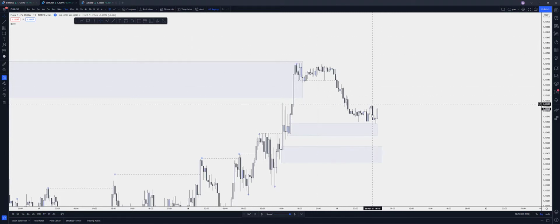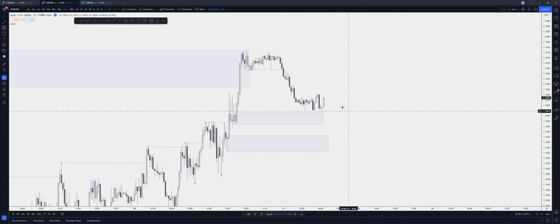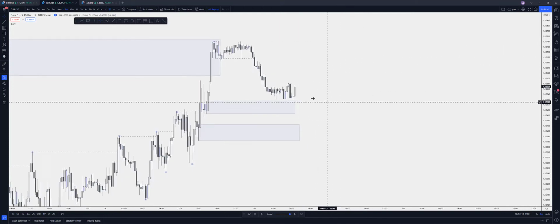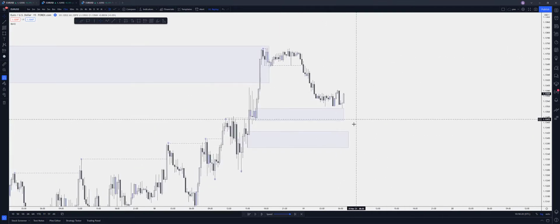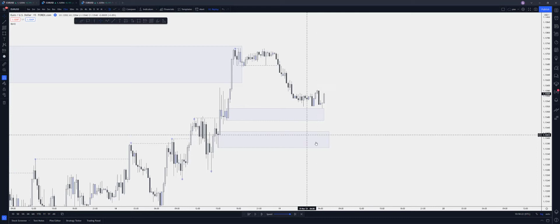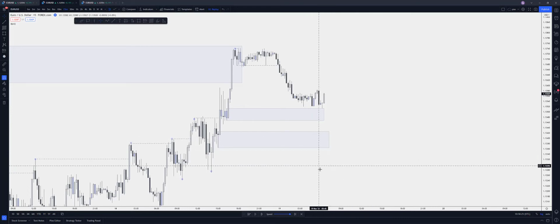So as you can see, we've had a reaction here to this demand. Price has come up, and I want to see if it continues to go up here, breaking a high, or it moves further down, which may just mean it wants something in this supply or at the bottom here.